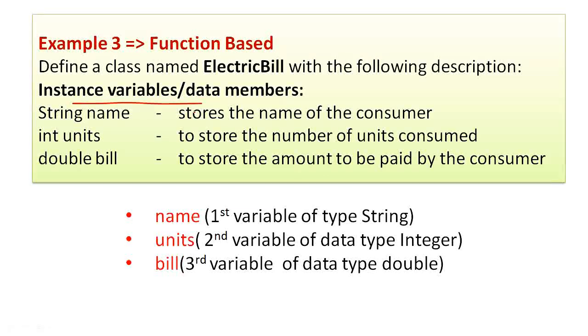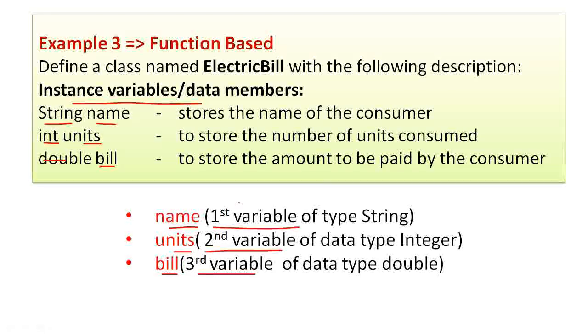For example, in the given program, name, units and bill are the variables used in the program, and their data type is also mentioned. So, what you have to do, you just note it down from the question paper and you will get full marks for variable description. So, name is the first variable, units is the second variable and bill is the third variable.